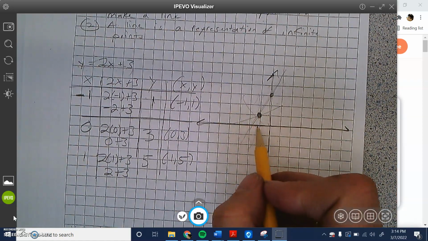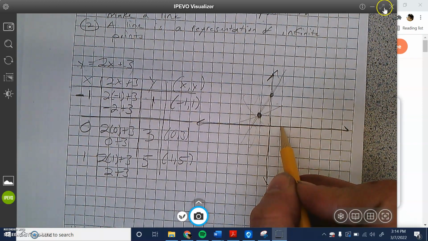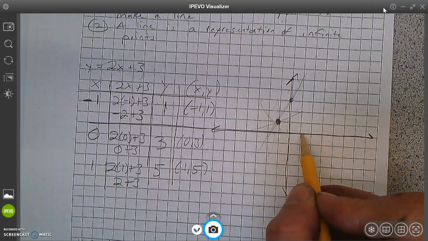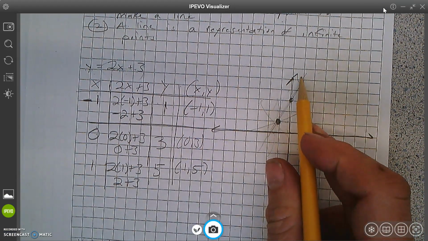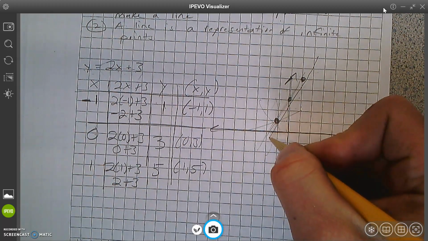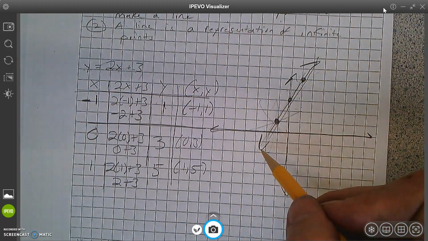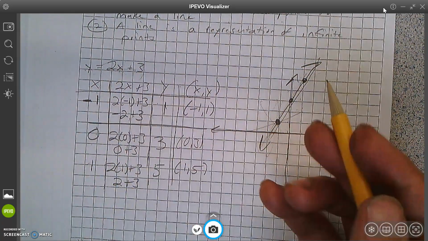Let's make sure I have a straight line, because if I don't, I know I messed it up. So, 1, 2, 3, 4, 5. Got it. Connect the dots. There we go.